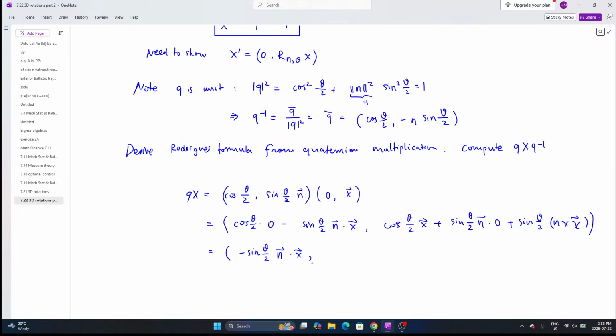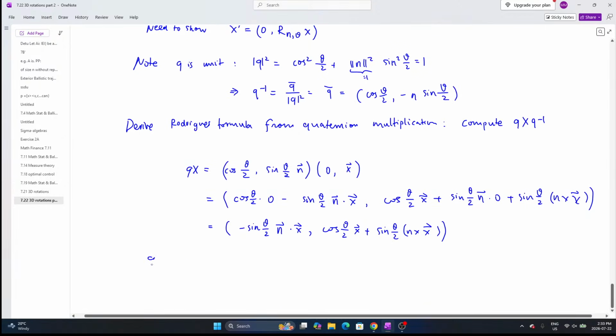All right, and then you have cosine of half theta times x plus the sine of half theta n cross x. Nice. Now you cannot simplify this further, so we're just going to multiply that by Q inverse.